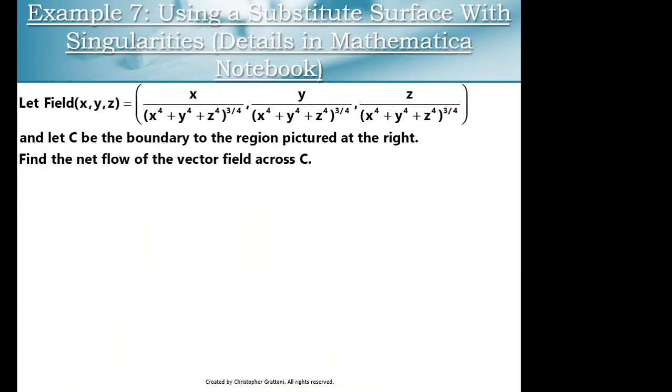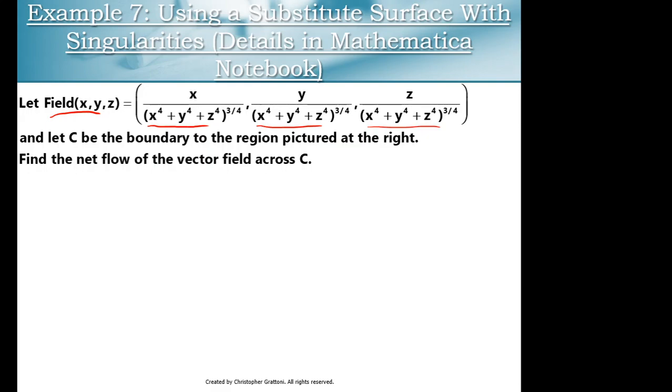Okay, so I do have some details in Schoology that you guys can see how I did a lot of this problem in Mathematica, but let's look at the pieces that I want you to be able to recognize away from the computer, away from Mathematica. So I do want you guys to be able to look at this vector field and recognize that it does have a singularity at the origin. At 0, 0, 0, this vector field has a singularity.